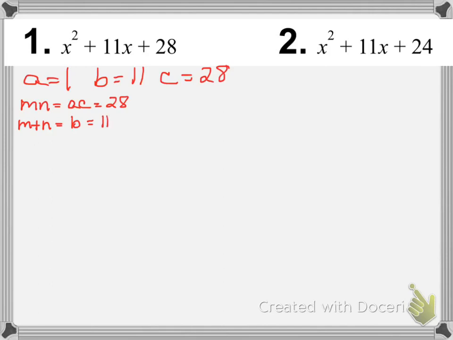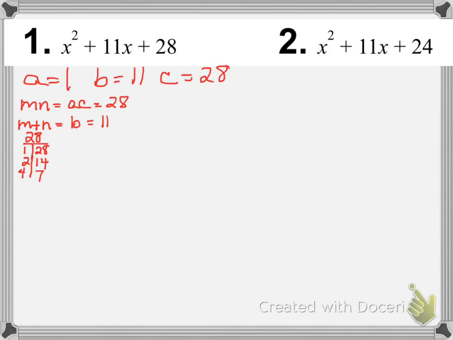So we go ahead and make a little table here. Since 28 is positive, that means my magic numbers are both positive. So we have 1 and 28, 2 and 14, 3 doesn't go into it, 4 and 7.